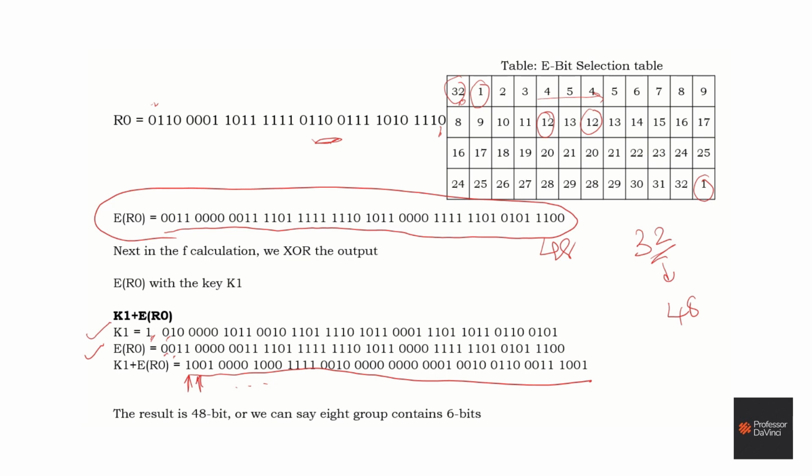The result is 48 bits, or we can say 8 groups of 6 bits. So now we have to divide this into 8 groups of 6 bits each.